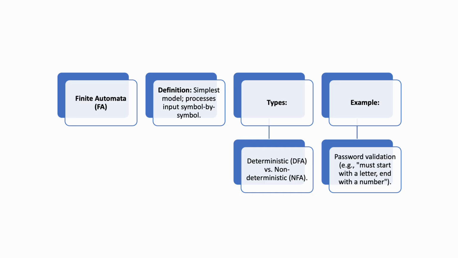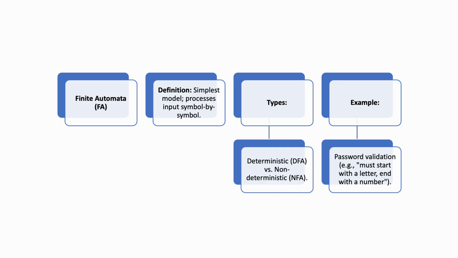For example, the DFA starts in an initial state waiting for the first character. If the first character is a letter, it moves to the next state. If not, it rejects the password immediately. It's a step-by-step process with no surprises, which is why it is called deterministic. Every input leads to exactly one step.